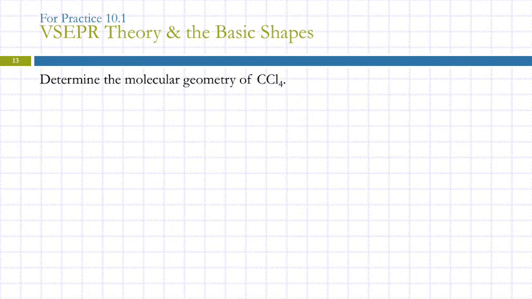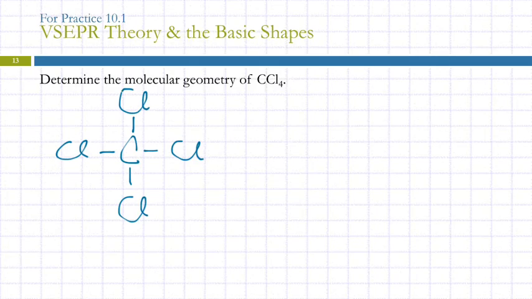So let's do an example. Determine the molecular geometry of carbon tetrachloride. You have to start with the Lewis structure. That's why we did Lewis structures before we did this. So carbon in the middle, and the chlorines around.